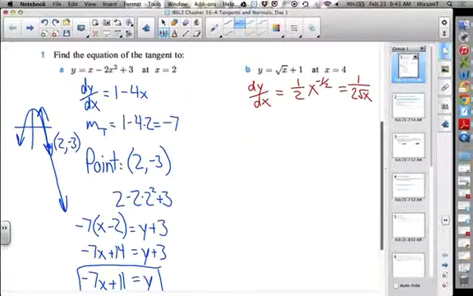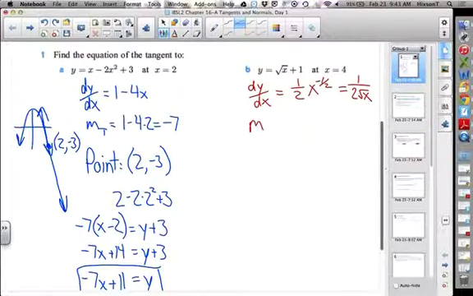Now the nice thing with these applications, guys, is that it doesn't matter how much or how little you simplify. It may be a little more challenging to evaluate if you don't simplify, but it's up to you, unless you're specifically asked for the derivative first and then asked to apply it later. If it's just in the midst of a problem, you're welcome to leave it like this, because really all we care about is the value.